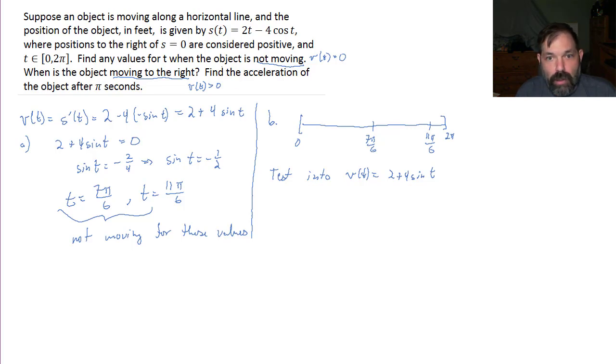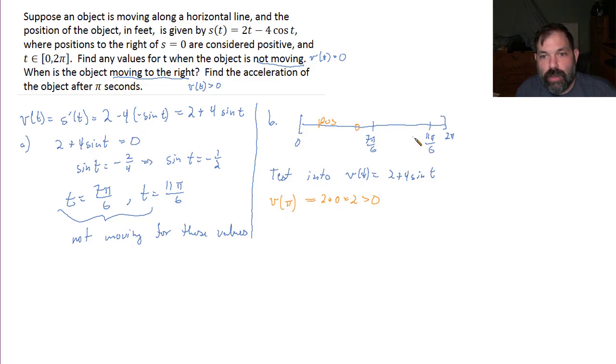So let's see. Between 0 and 7 pi over 6, pi. The velocity at pi would be 2 plus 4 times the sine of pi. Well, the sine of pi is 0. So that's 2 plus 0, that's 2, which is positive.